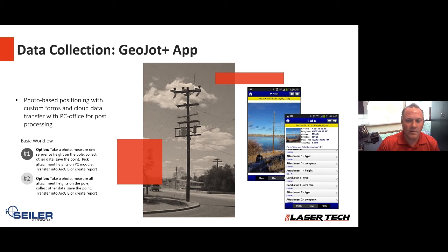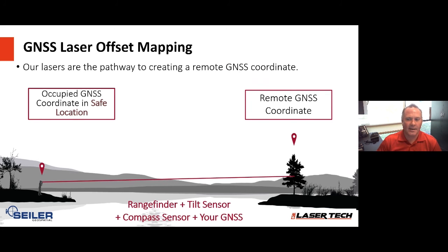And also, you can geo-reference your location and also the pole location. Safety factors come into play here. You don't want to walk up to every pole and stand there with your device to capture that pole location. What we can do is stand in a safe environment, side of the road, and take a measurement over to that pole, and the app actually calculates that remote position.